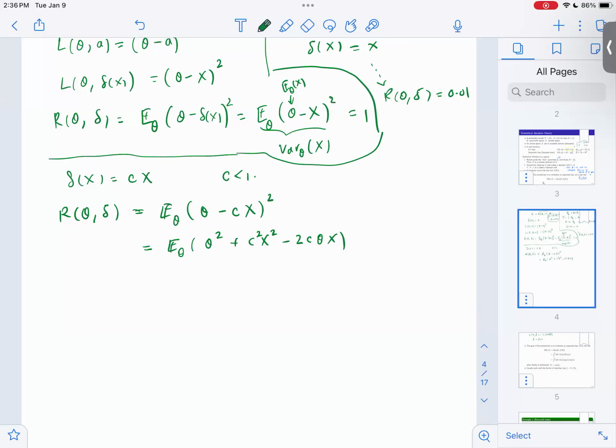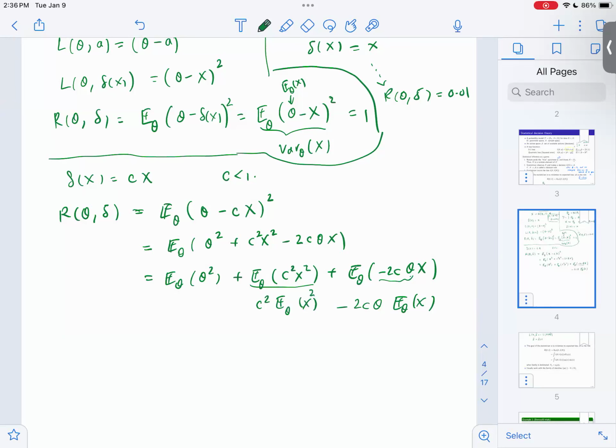Right, so expectation is linear, passes through. It's good to go slowly so that everyone is on board. Expectation is a linear operator, so by linearity I can do a little bit more here. These are constants, they come out. So this would be minus 2c theta expectation of x. This is a constant, also c squared expectation of x squared, and this is constant, comes out.